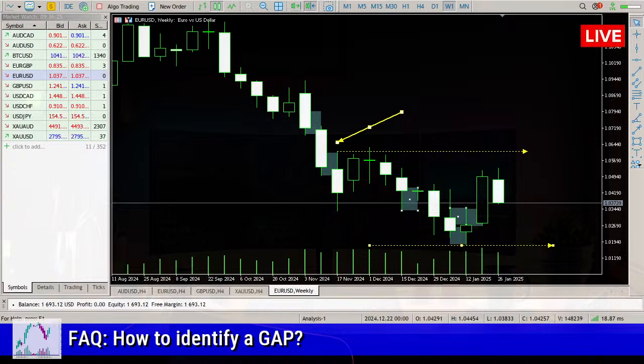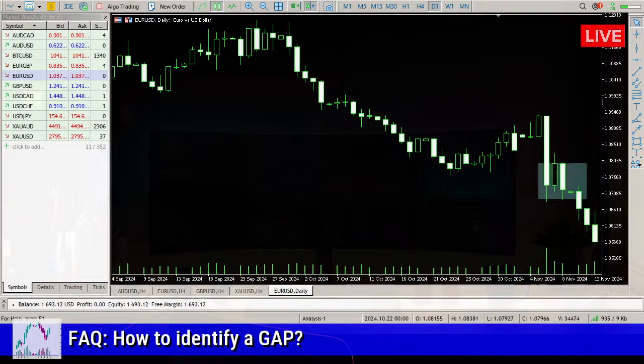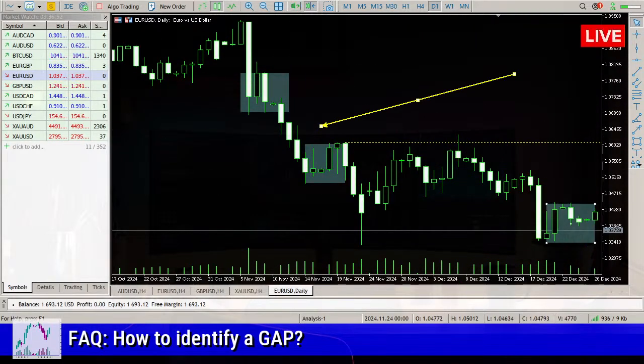We combine all the information we got from the higher time frame to the lower time frame. If we cannot see the movement clearly, we just go down to a lower time frame again. For example, I do the analysis in the daily chart.